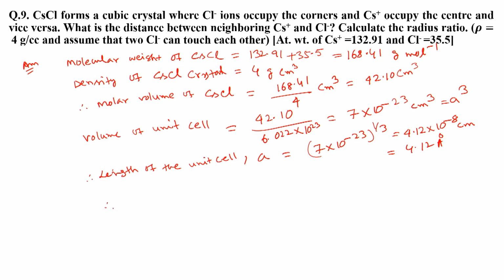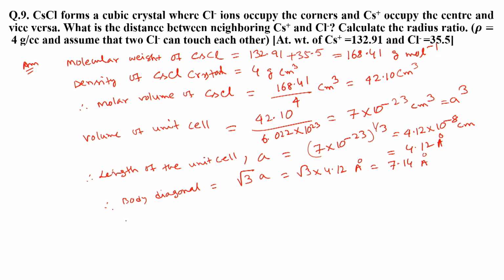Okay, therefore body diagonal will be root 3 a, so we get root 3 times 4.12 angstrom, so it will be 7.14 angstrom.